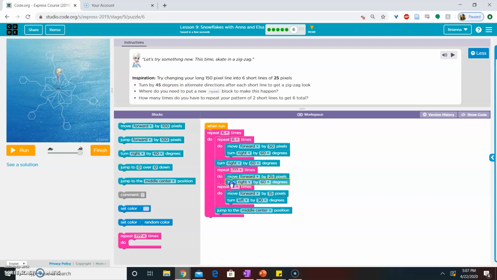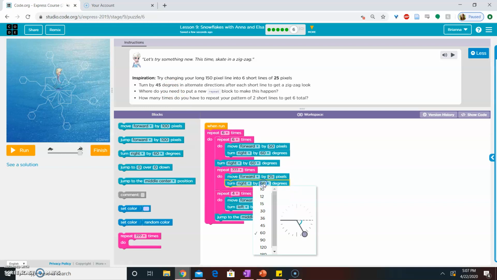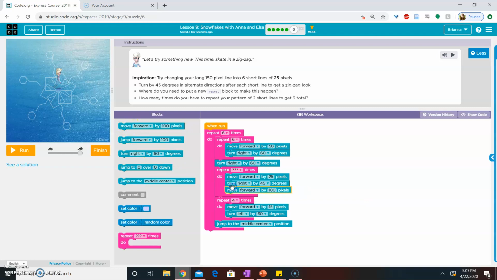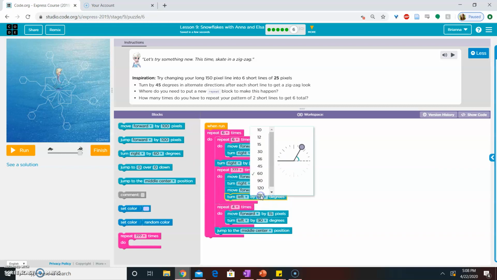So let's see what that does. Turn 45. Then I want to go forward again by 25. And then I want to try to turn left by 45.